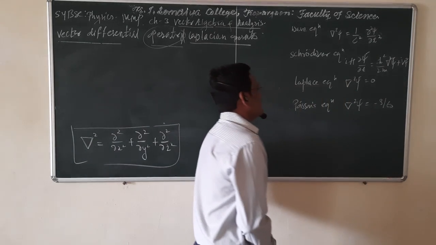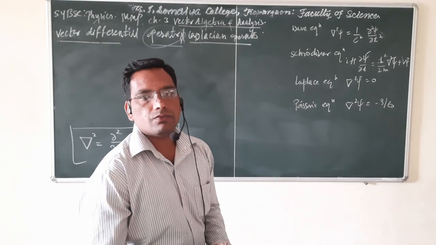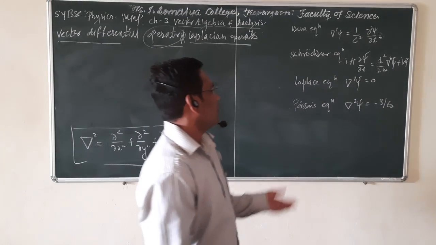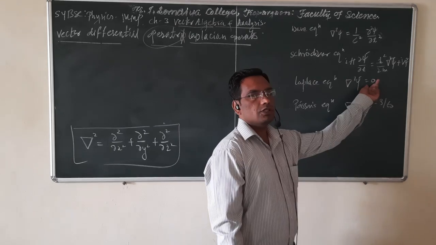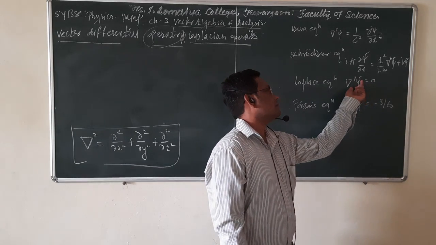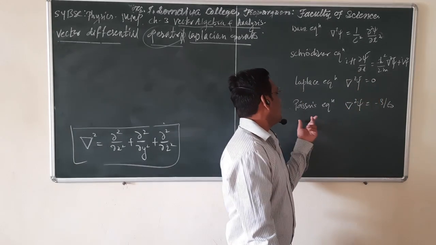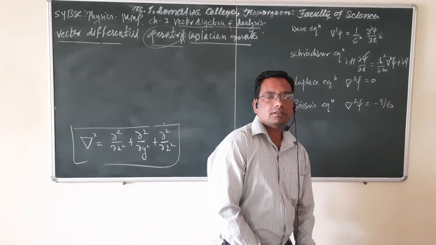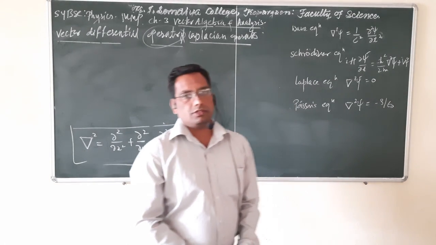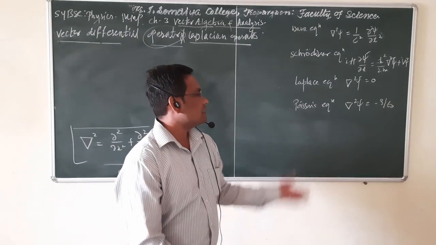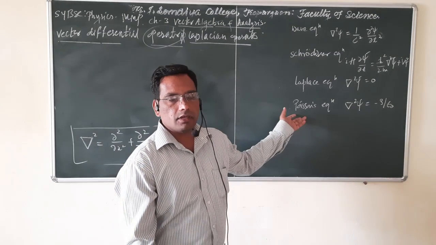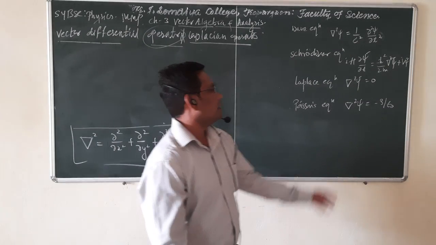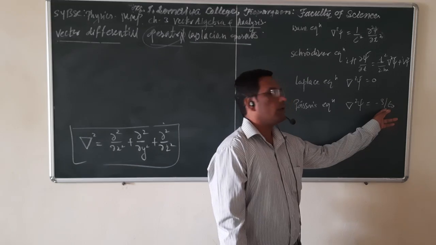Next, the Laplace equation. In physics we often encounter the Laplace equation, which is del square psi = 0, so the Laplacian of this function is equal to 0. Again, Poisson's equation appears for charge distributions in electromagnetism: del square psi = −rho/epsilon naught.